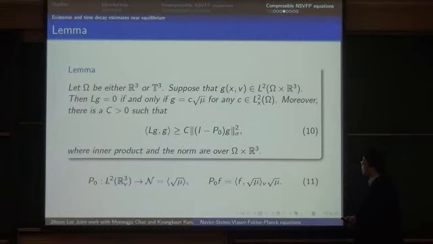If L g is 0, then g is a constant multiple of square root of mu, and so we have this one, and there is some constant c such that this holds. Let P sub 0 be the projection operator onto the space spanned by square root of mu.